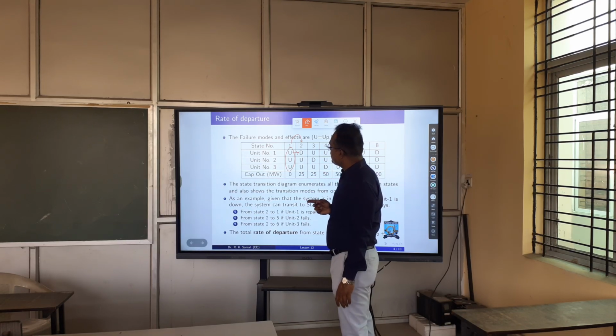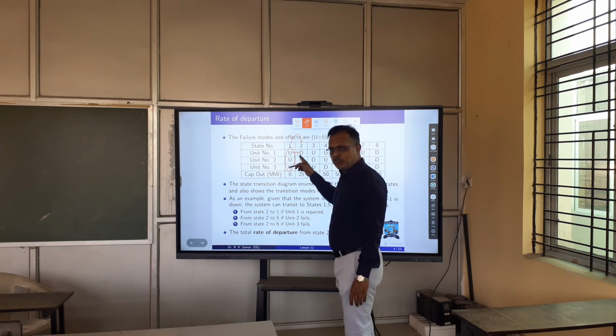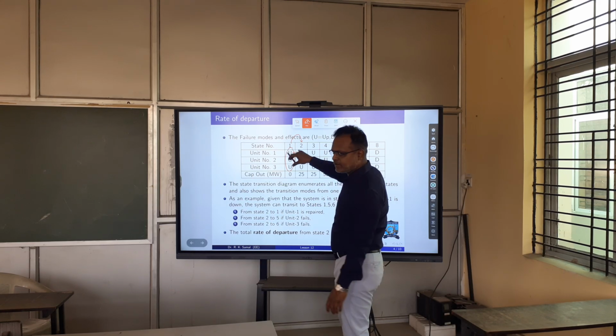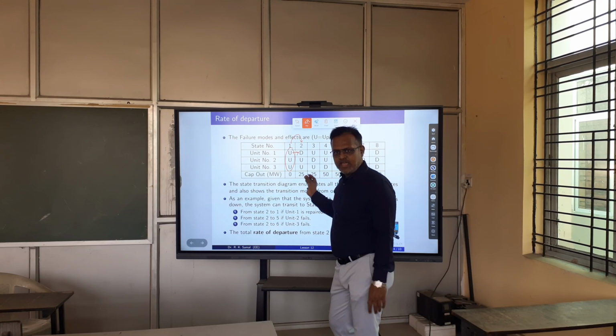The departure rate for this case is lambda 1, because unit 1 has failed, so this is 0.01. But then you also have to find the other single state transitions and combine them.